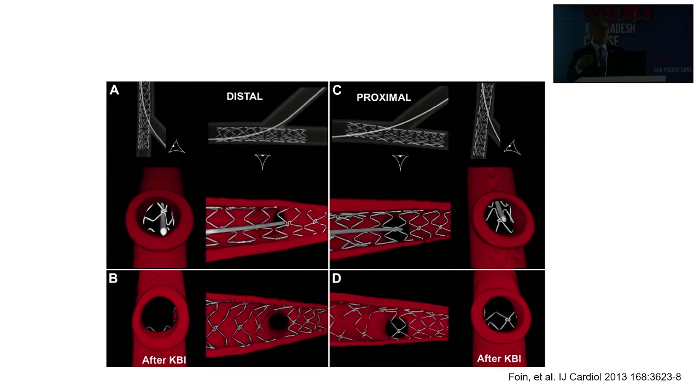You can do imaging to see where you enter, but in practice this is almost never done, and the only imaging that will give you that is OCT. IVUS will not allow you to determine whether you entered into the distal or not, because the definition of IVUS is not good enough.